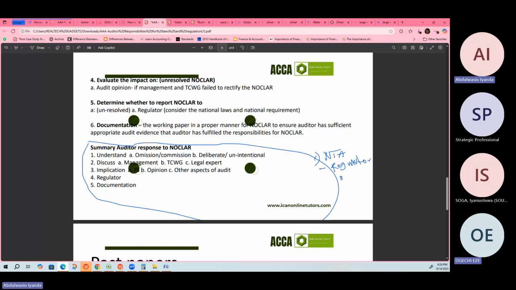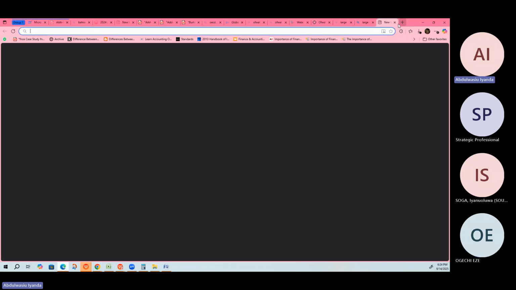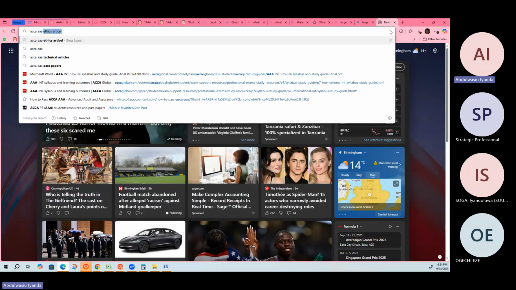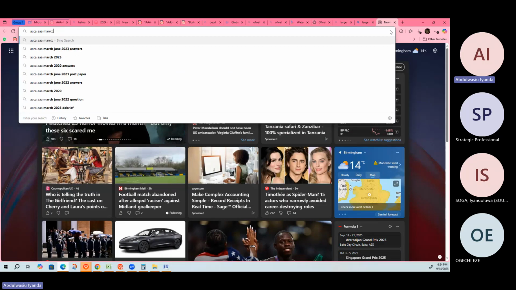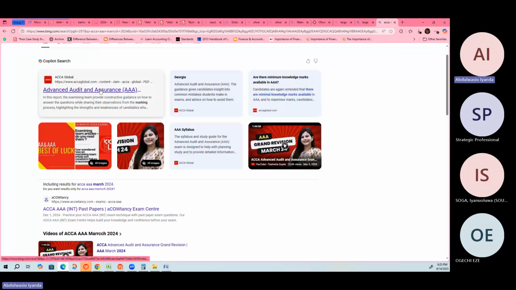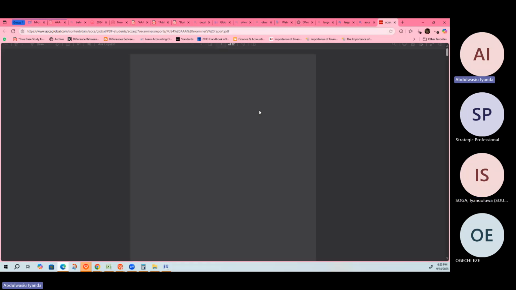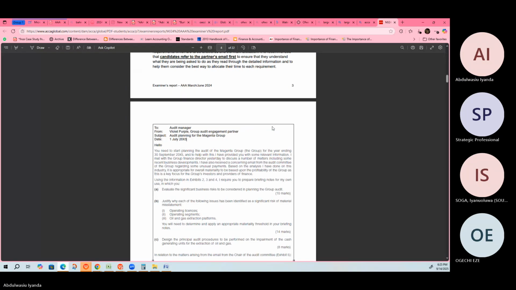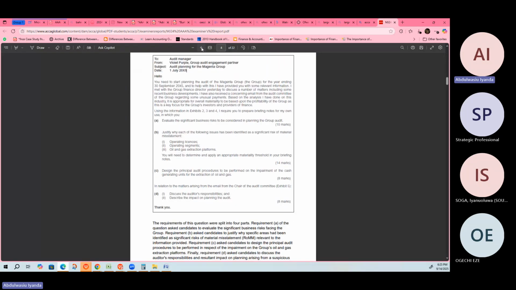Let me even check once. Let me show you before we leave. Let me just say March 2024, that you're able to see this one. So you can go to the document. Okay, so this is an example.